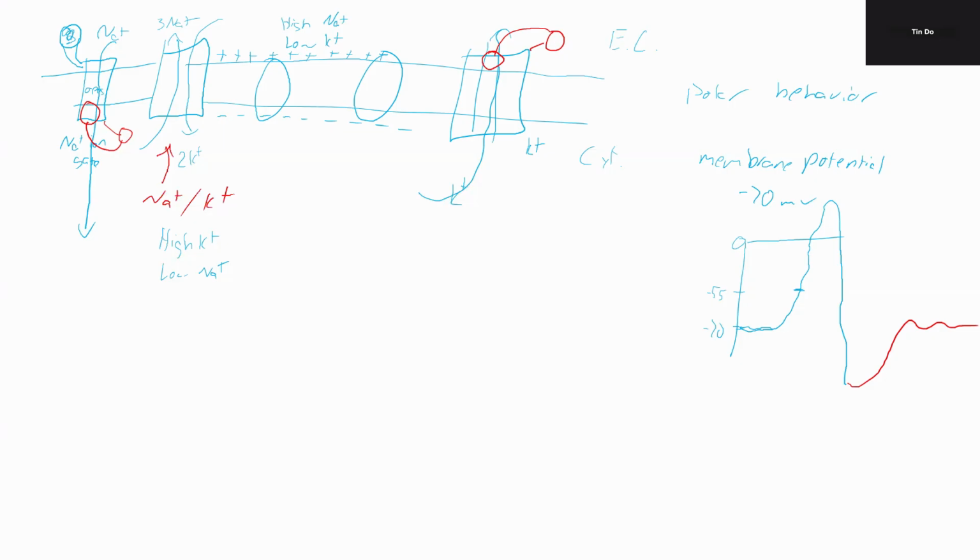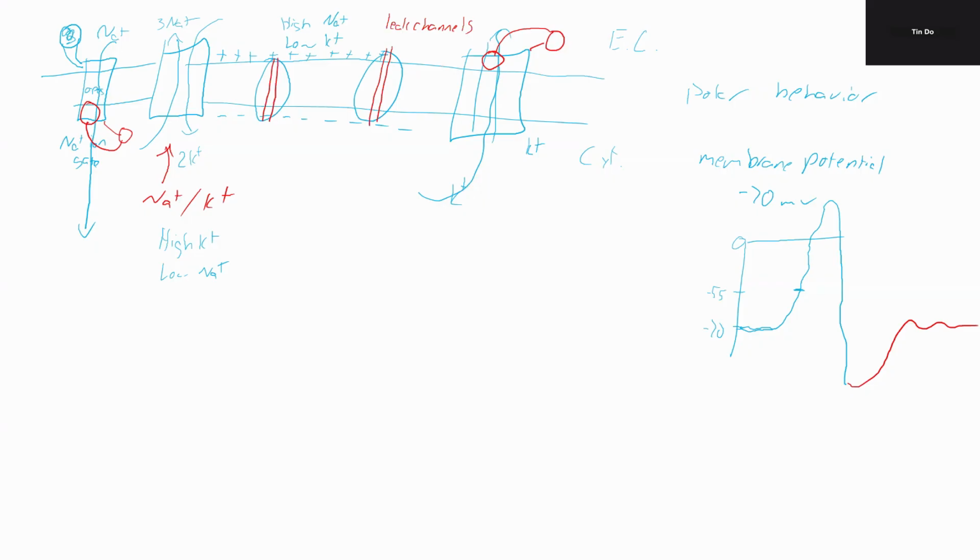So what happens if we over concentrate the outside and over concentrate the inside? Well, you also have these other channel proteins called leak channels, where in a normal physiological state, we want to have these leak channels available so that potassium and sodium ions can flow through them to maintain their optimal concentration.